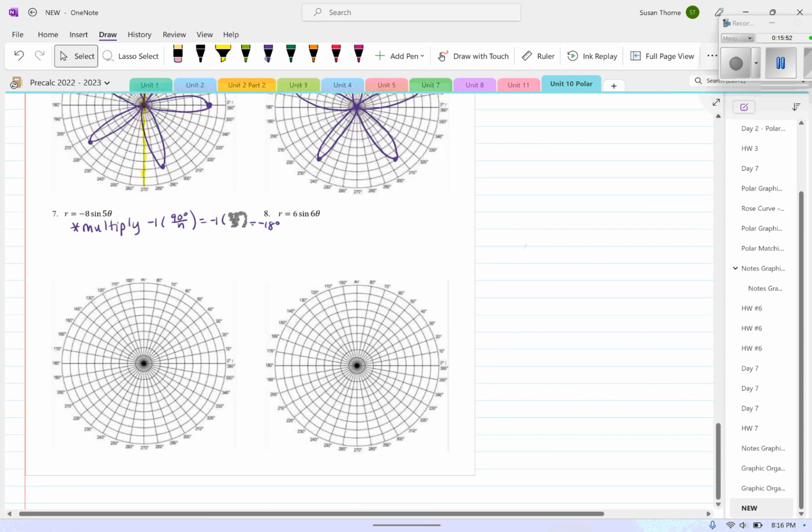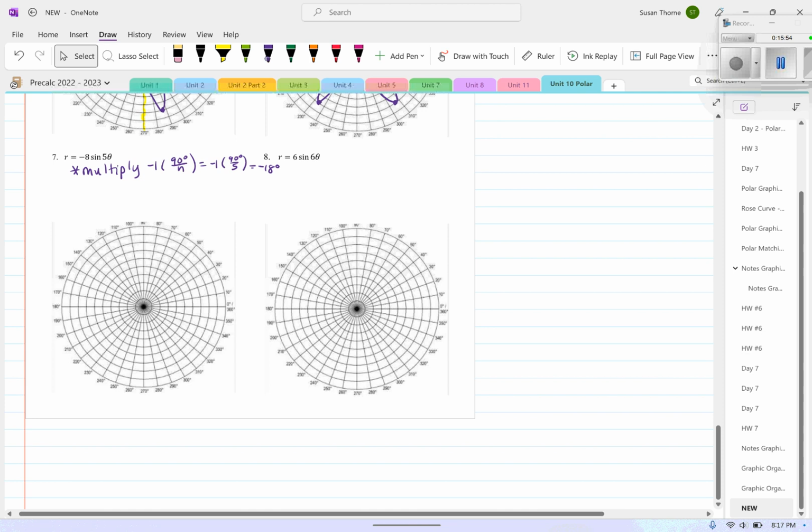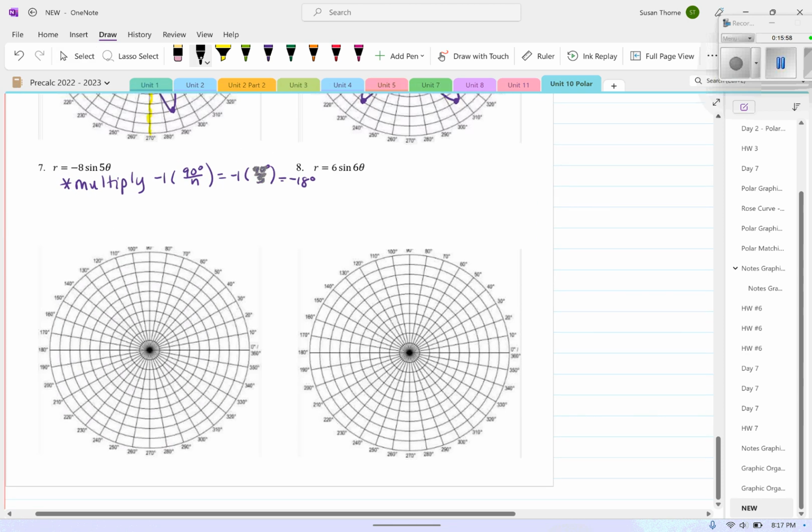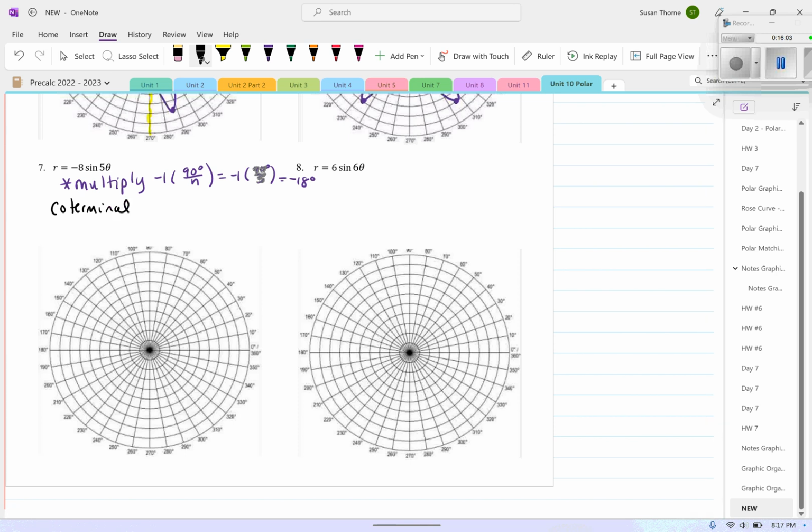Now, instead of using -18 degrees, since these are all positive values already on here, we're going to go ahead and find the coterminal angle. So remember, to find the coterminal angle, you take whatever the angle is, -18 degrees, and add or subtract 360 degrees.